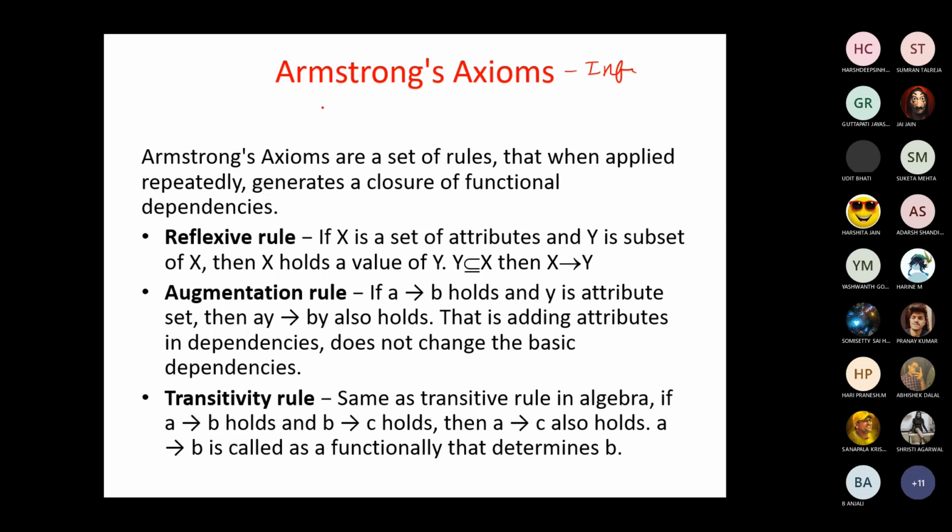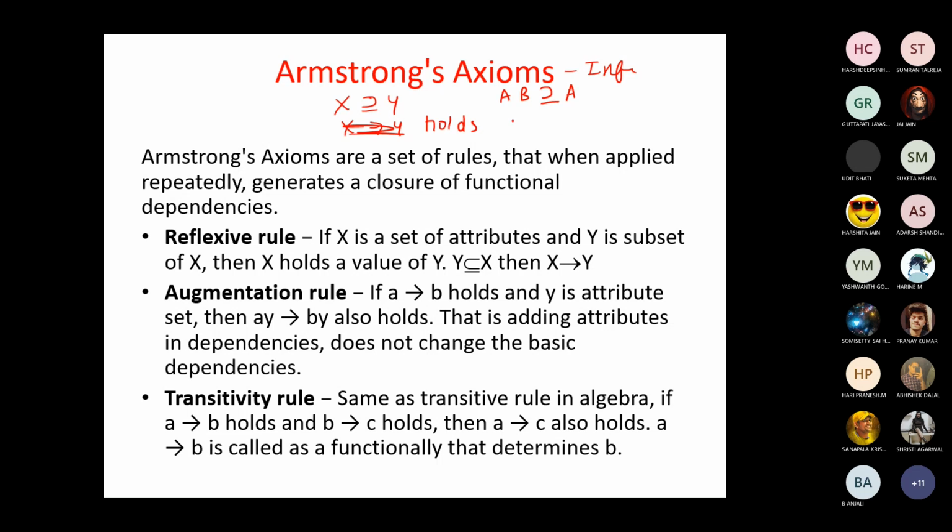It says that if X is the superset of Y, the left hand side is the superset of Y, then X tends to Y holds. That is absolutely correct, because we have already seen that, suppose X contains AB and Y contains only A, then X, the left hand side, is the superset of Y.